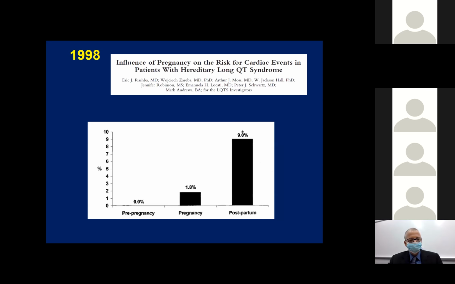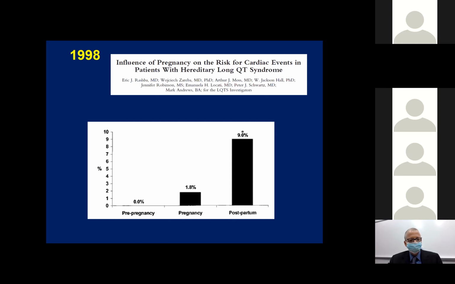Another landmark study, which is always of major interest, was on the aspects of pregnancy, how pregnancy could affect these patients over time. As you see over here, the analysis was done looking at the pre-pregnancy period, pregnancy 9 months, and postpartum 9 months.